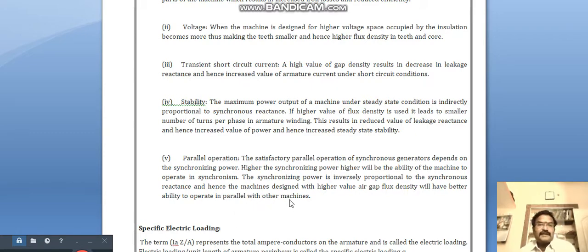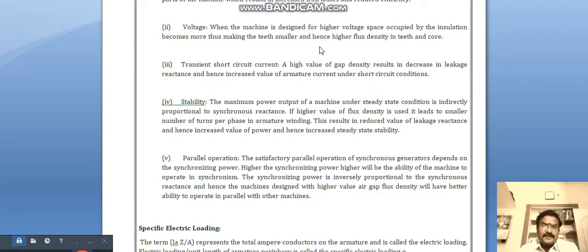So if you go for a higher value of magnetic flux density, there are some advantages and some disadvantages. Parallel operation is easier and stability will be good. The transient is a drawback: under short circuit conditions the armature current increases. On voltage, more heat will be generated and the insulation occupies space, making the teeth smaller.